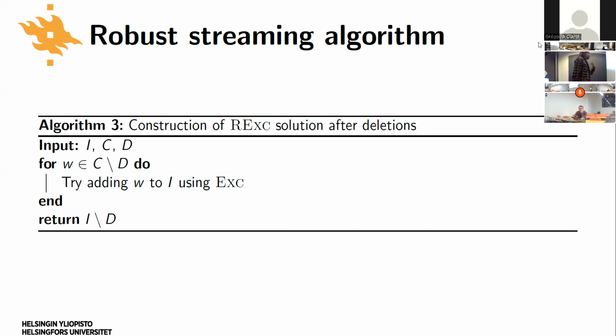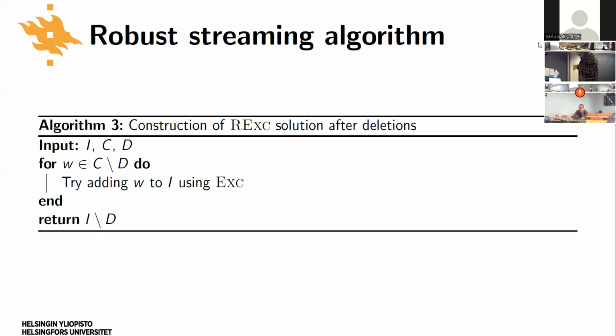And then again, using this X algorithm that we talked about a few slides before. And once we're done with that, we simply return I. And then, because it still might have some items from D that should be deleted, we just return I minus D set. So that's our algorithm for finding the solution, at least.